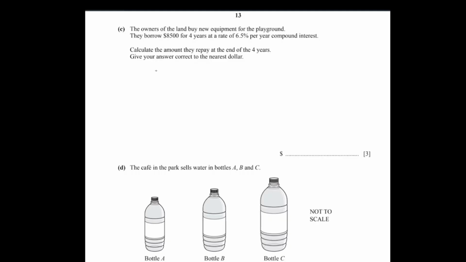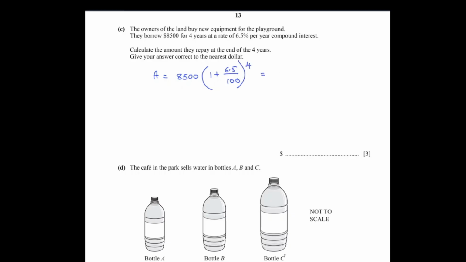So this is a straightforward compound interest formula you need to apply here. The amount they will give will be the principal, that means the amount they borrowed, multiplied by 1 plus 6.5 by 100 raised to 4.